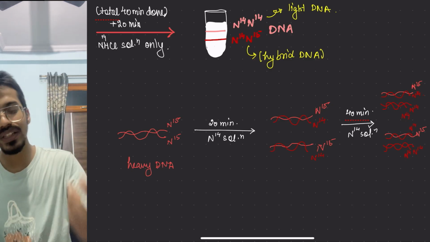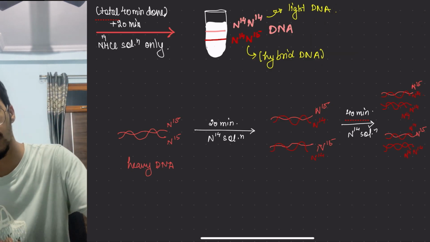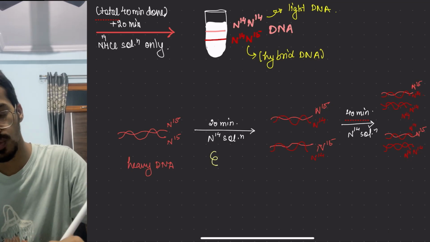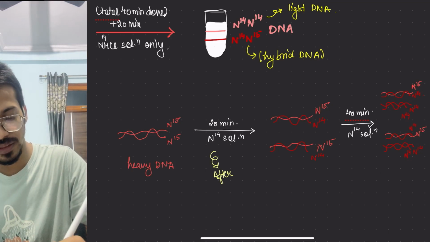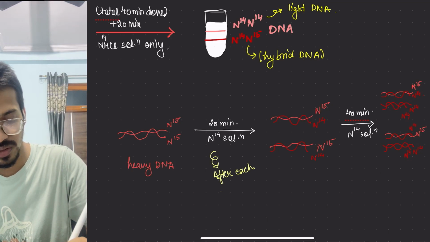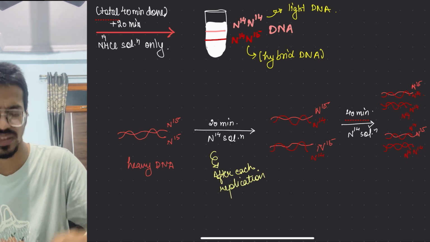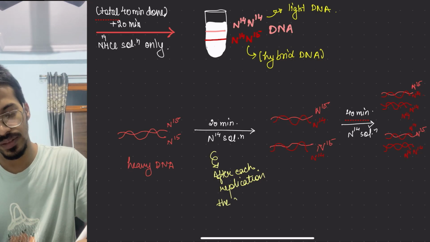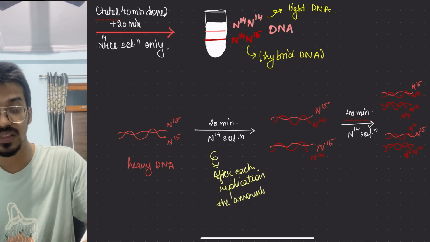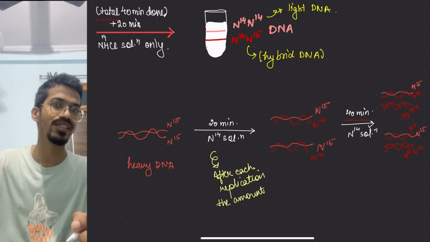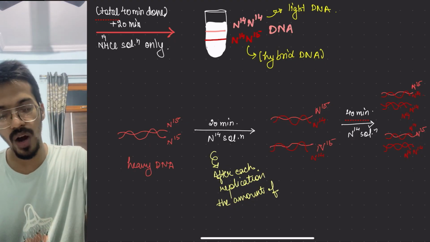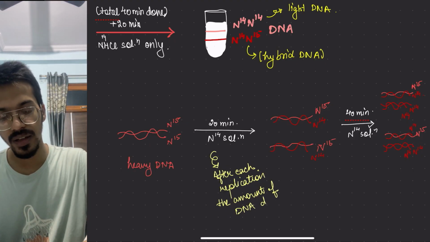So after each replication cycle, the amount of DNA doubles, which we used to say in the cell division chapter.